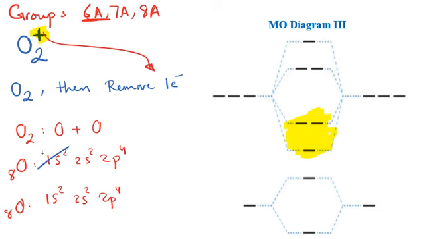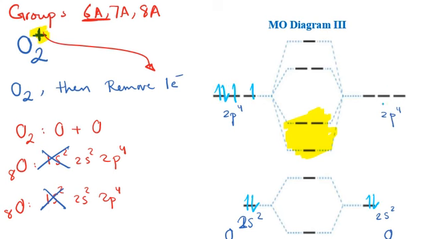Again, we cross the inner electrons, oxygen on the left, oxygen on the right, 1s2, 2s2, 2p4, 2s2, 2p4. Adding electrons, let's see how it works. 2, 2, 4, 1, 2, 3, 4, and for this one, 1, 2, 3, 4.